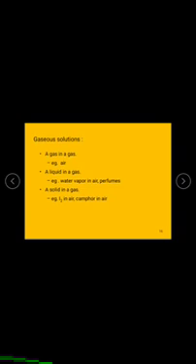Next one is a solid in a gas. Iodine in air, camphor in air. Camphor on burning produces a flame. Here air is the solvent and camphor is the solute. This is the classification of gaseous solutions.